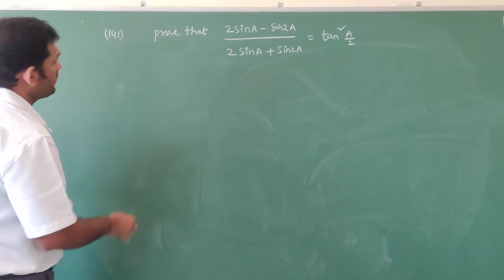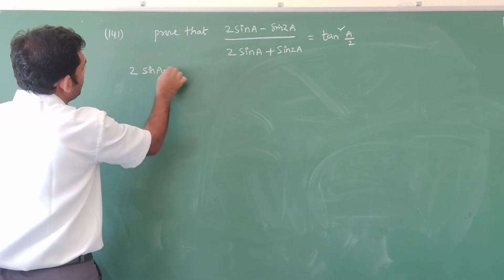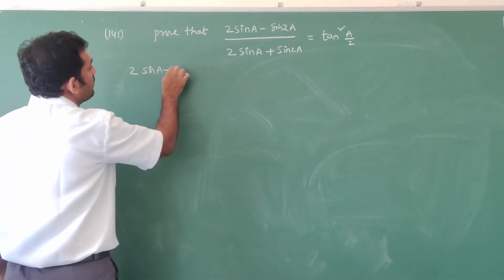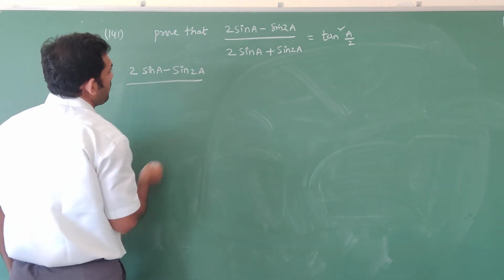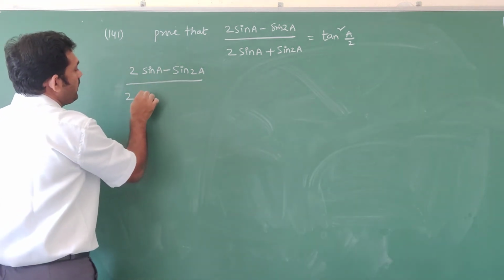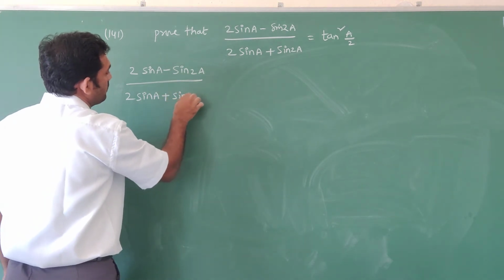I take the LHS value: 2 sin A minus sin 2A divided by 2 sin A plus sin 2A.